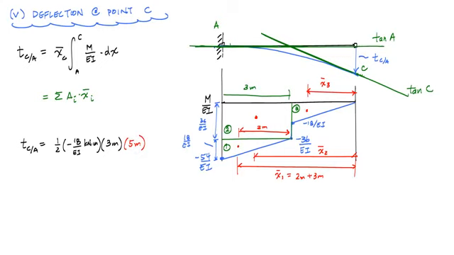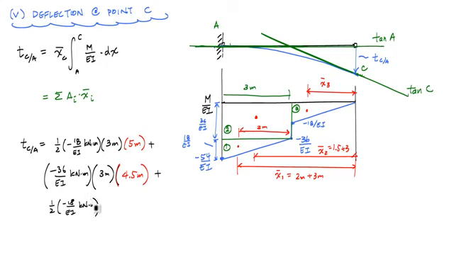Then I want to add the area 2, which is the area of this rectangle, which is base times height. And then again, times the distance here. In this case, the centroid is half the distance of 3, so 1.5 plus 3 meters, which is 4.5 meters. Plus the third area, which is 1/2 times negative 18 over EI times the base, which also was 3 meters.